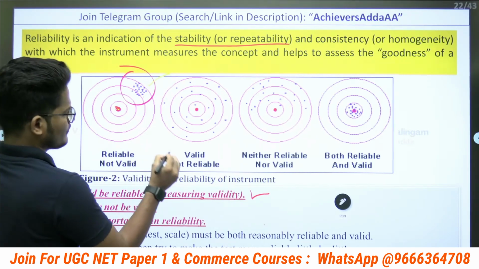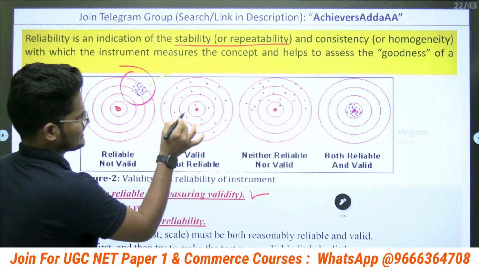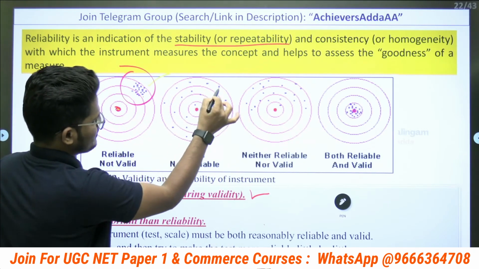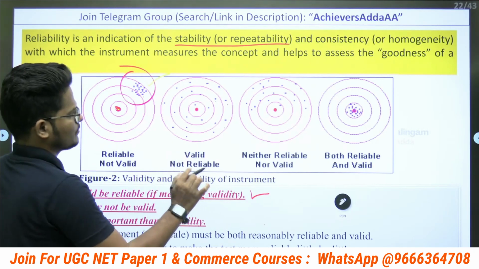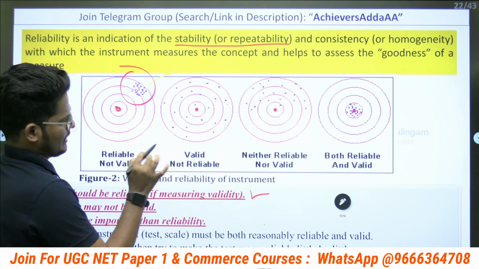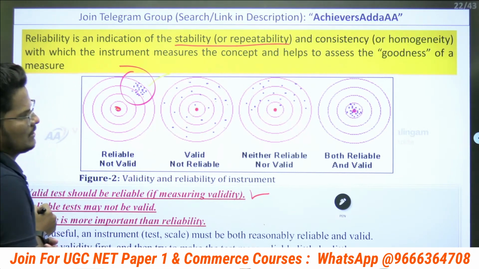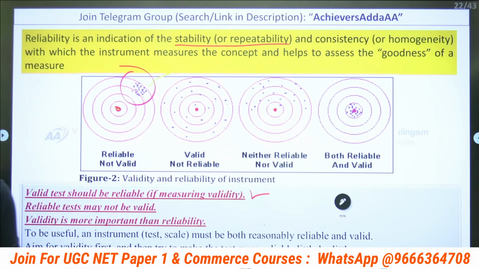And valid but not reliable. Look at the blue lines: the blue color is reliable and valid means red color.